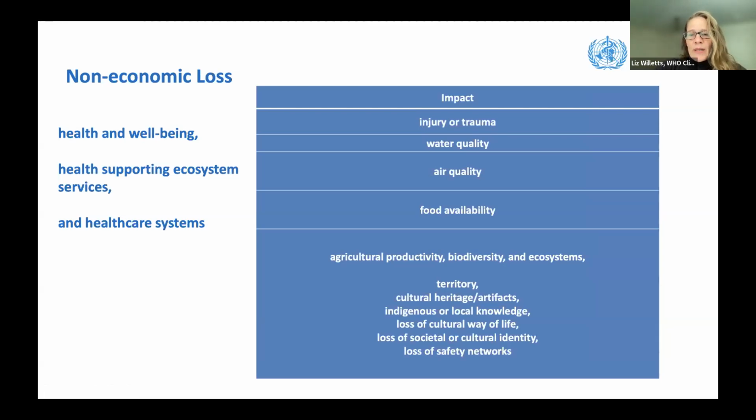We hear a lot about the sudden events and the sudden emergent health conditions that come from them. We think we also need to focus on the slow onset conditions that come from both direct and indirect impacts to non-economic loss.